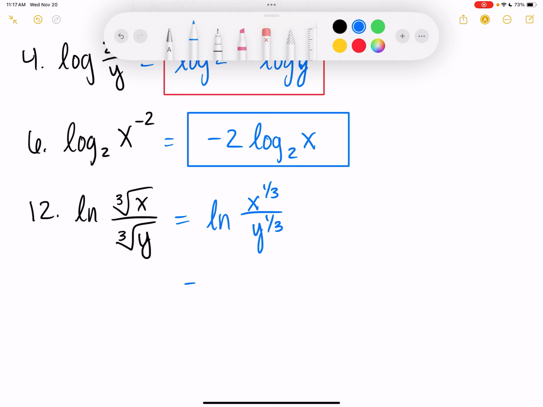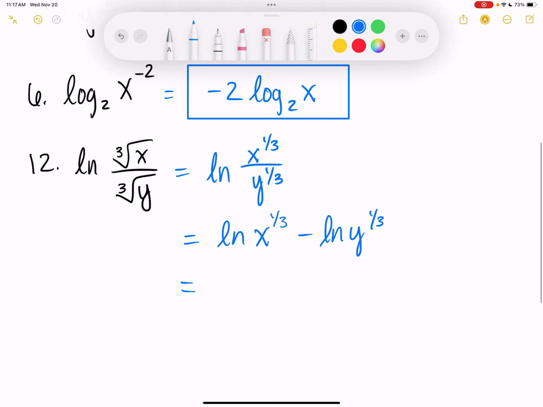It's a quotient, so I'm subtracting, remember, top minus bottom. So ln of x to the 1/3 minus the ln of y to the 1/3. Now I can throw the 1/3 out front. So I end up with 1/3 ln of x minus 1/3 ln of y.